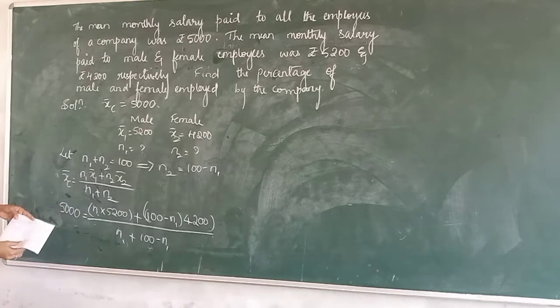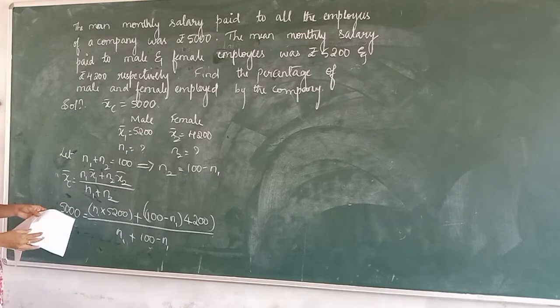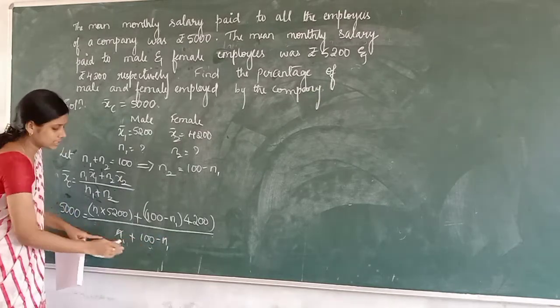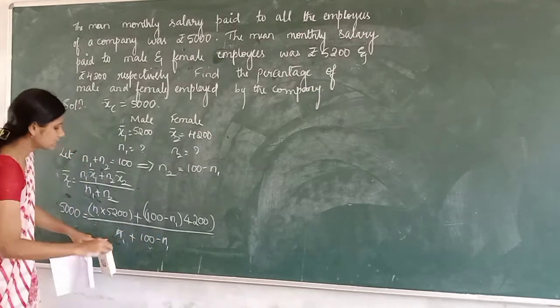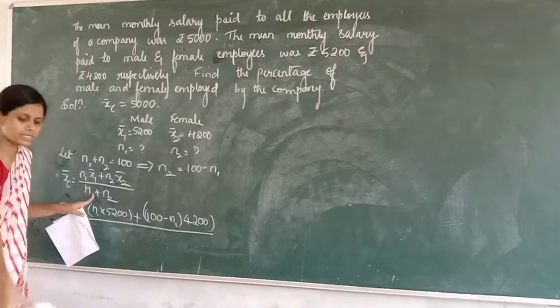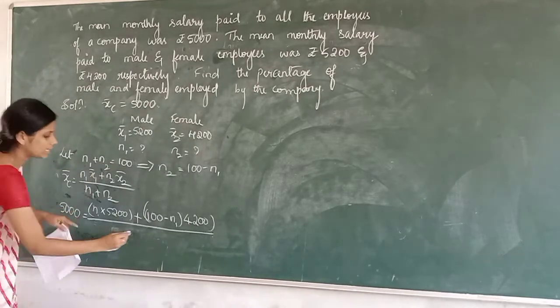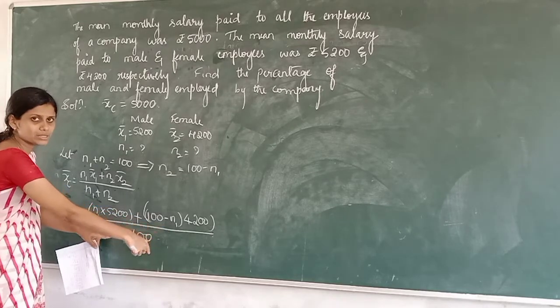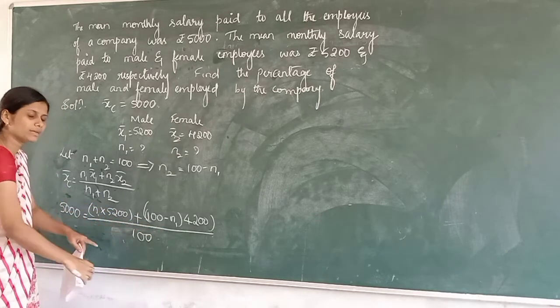When you substitute the values, plus N1 and minus N1 get cancelled, or else you can simply write it as N1 plus N2 is equal to 100, and the denominator will be 100.